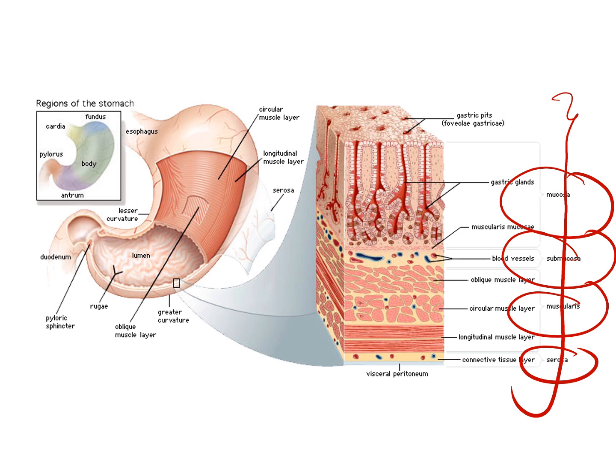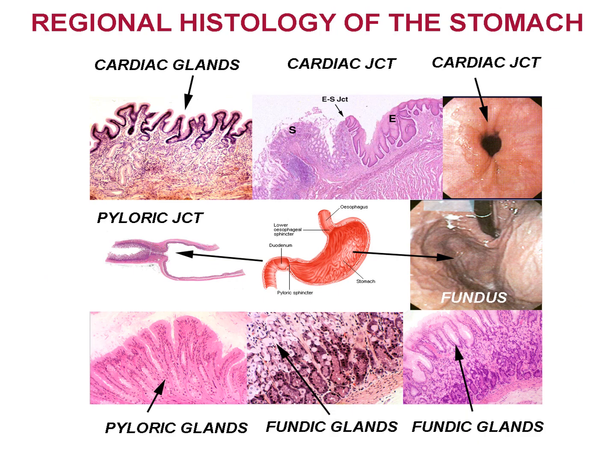Again we have the lamina propria, then the muscularis mucosa, then the submucosa, and then the muscularis externa. Here the muscularis externa consists of three layers: inner oblique, middle circular, and outer longitudinal. And the outermost layer is the serosa.